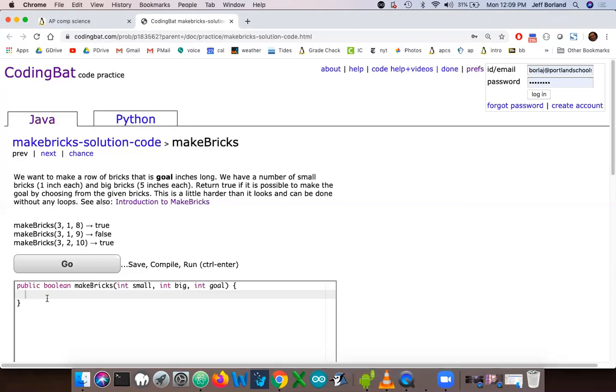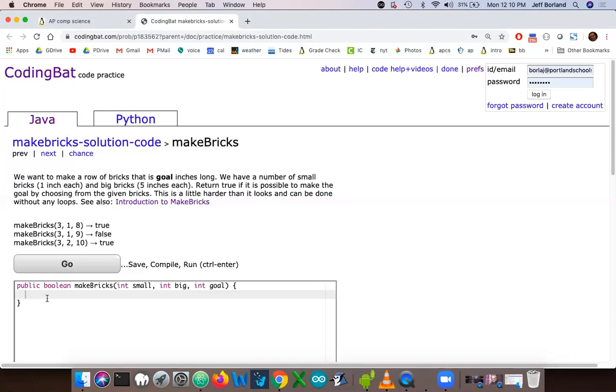So if I said 3, 1, or let's say you have 5 small bricks, 4 big bricks, and you have to make 27. Or maybe 17. Let's say you had to make 17. Well, you have to think to yourself, for each of the small bricks, I either use it or I don't. And for the big bricks, I use it or I don't.